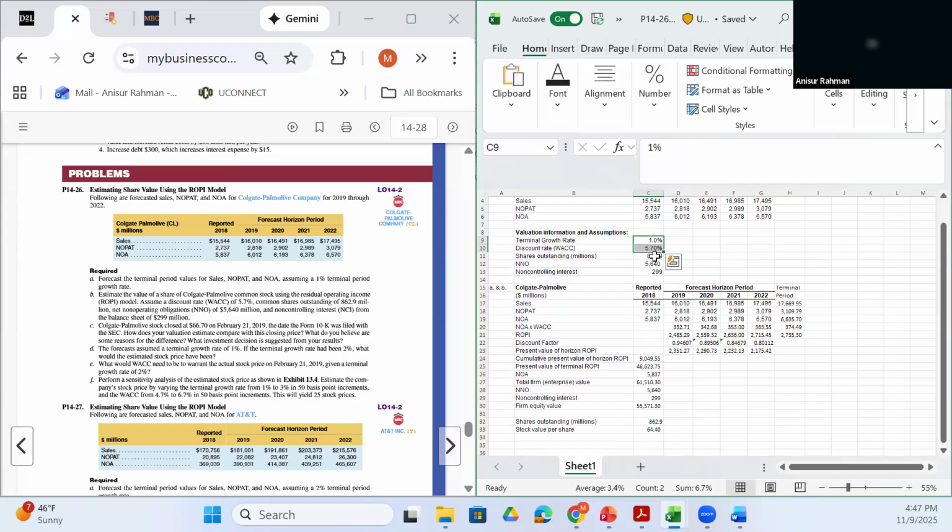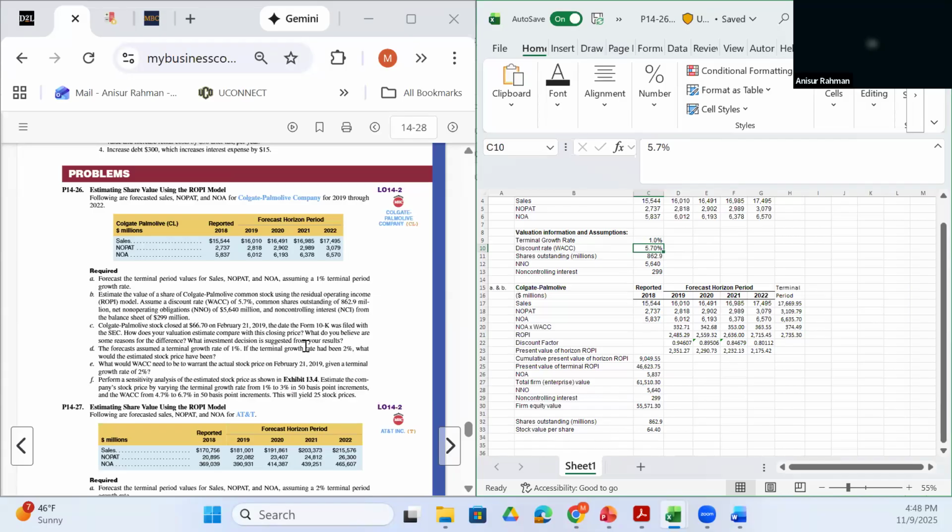So maybe the market is using higher growth rate for the terminal period ROPI, or using a lower discount rate, or one of these. So that is why they are reaching a higher value. So market is probably more optimistic than we are.